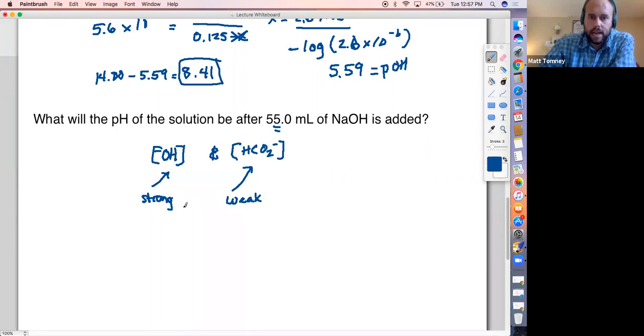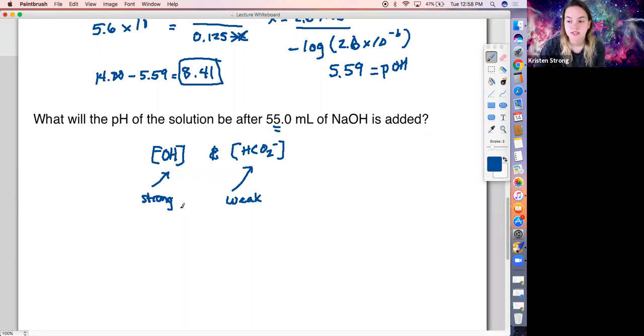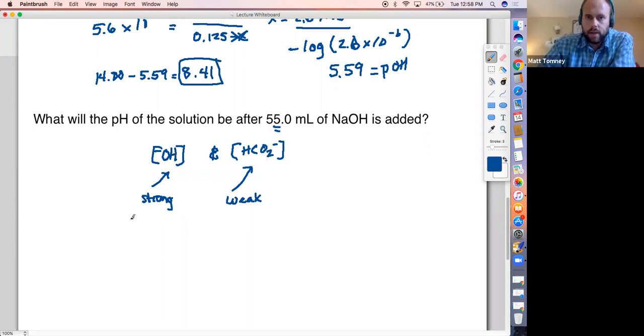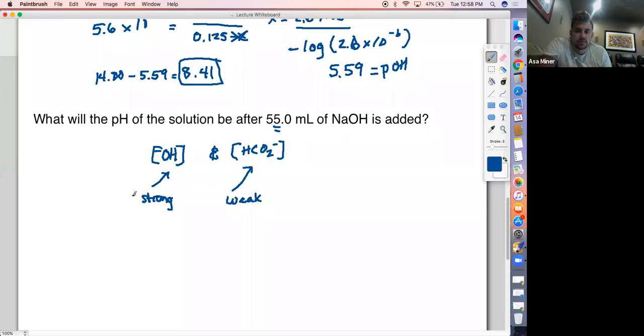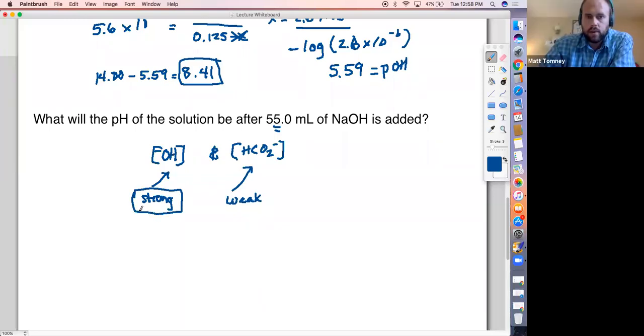The hydroxide or the formate? The formate? Does anybody agree with that? It should be the hydroxide. Why is that the case? Because hydroxide is strong compared to formate.